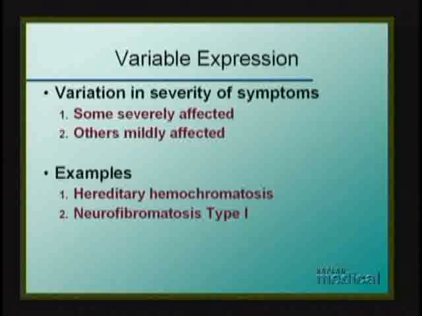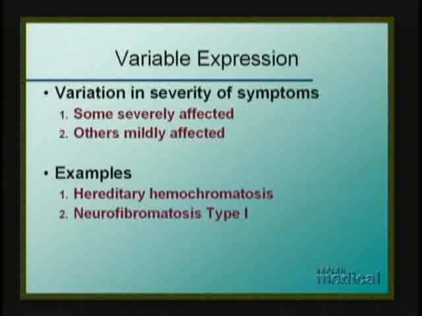The term variable expression just means that not everybody who has a particular genetic disease will have the same severity of symptoms. That is, some individuals will have very severe symptoms, others might have much milder symptoms of the disease.